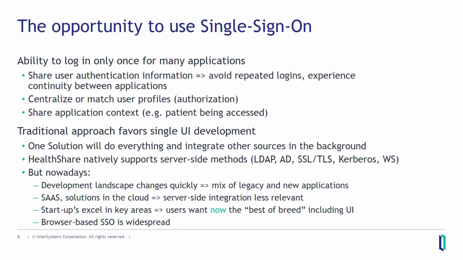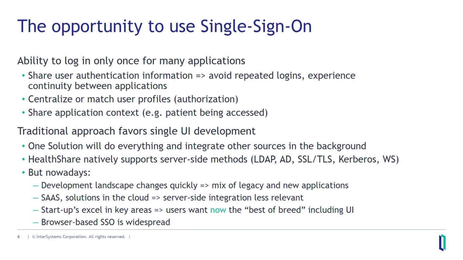Also, with a single sign-on solution, you will be able to share potentially application context. What I'm referring to here is, for example, going from an EMR to a health information exchange, you could pass the context of who the patient is that I was looking at. This way, you jump directly to the record in the information exchange or in the EMR and vice versa.